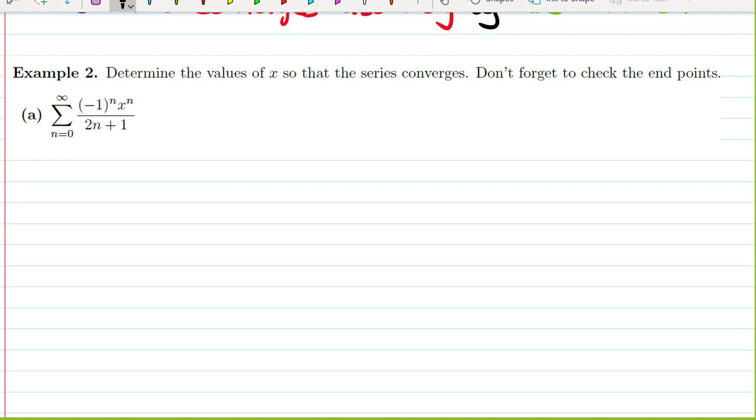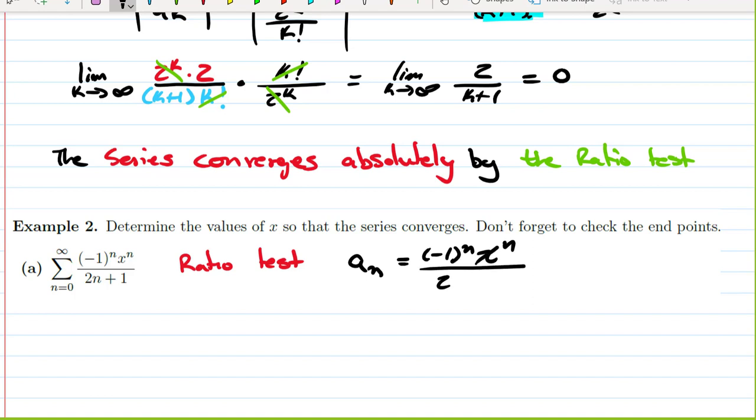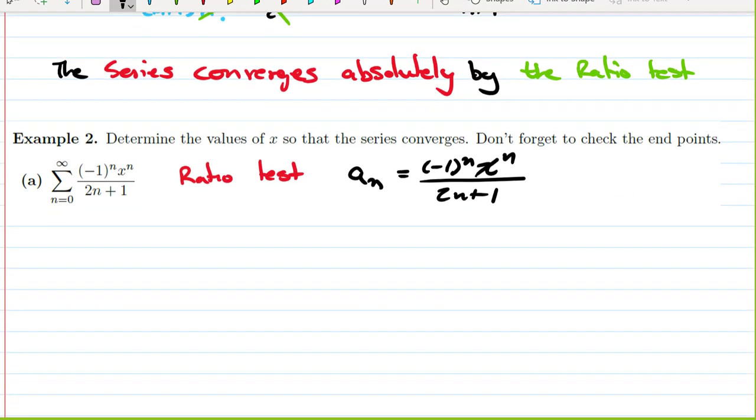So let's go ahead and try the ratio test. Our a sub n is going to be (-1)^n x^n all over 2n plus 1, but we're going to be doing the absolute value of this.